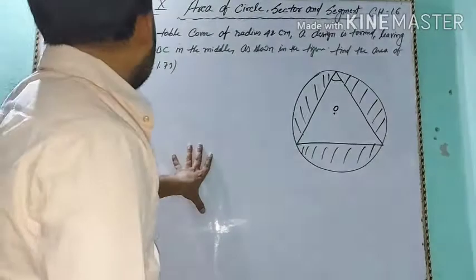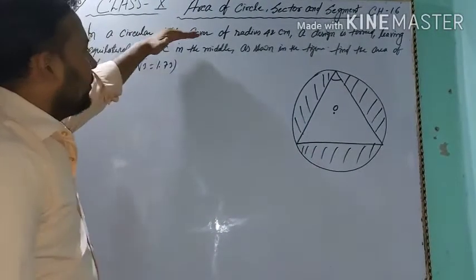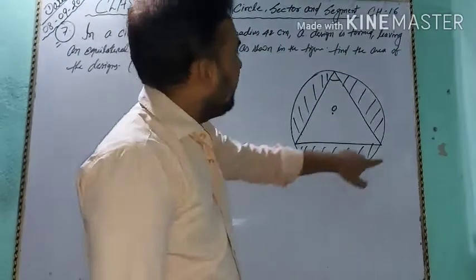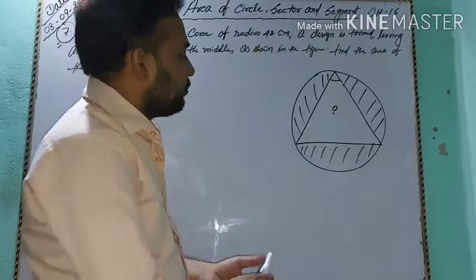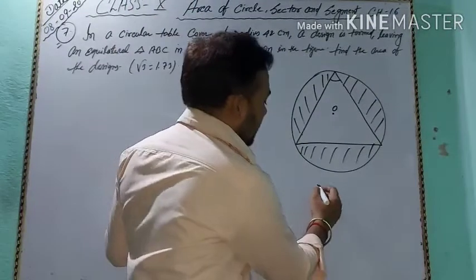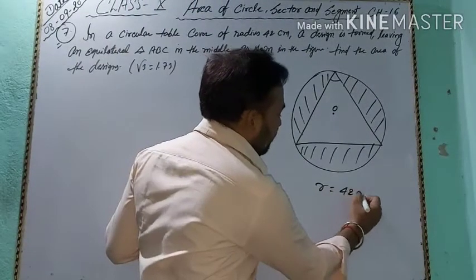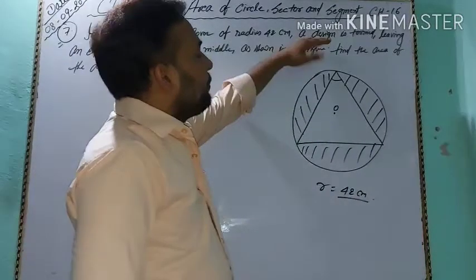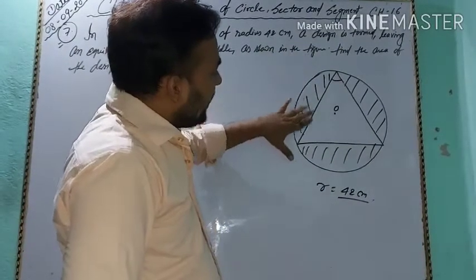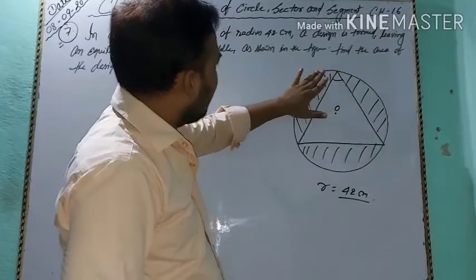Our next question is in a circular table cover of radius 42 centimeter. A design is formed in this circular table cover, ठीक है ना.